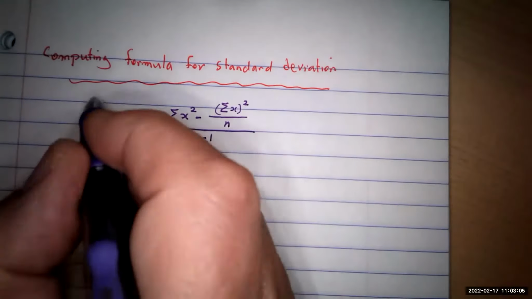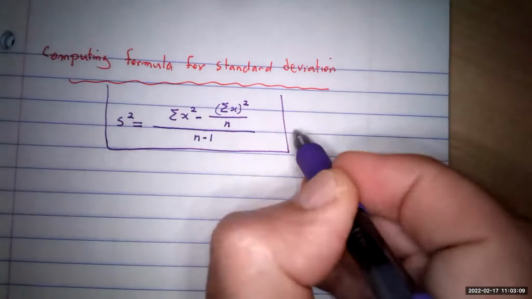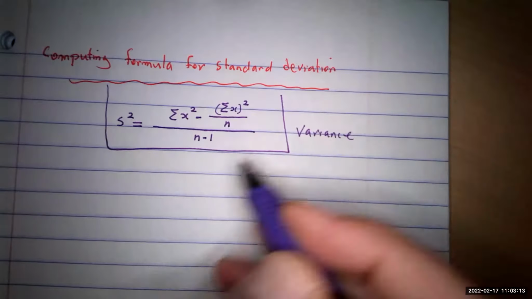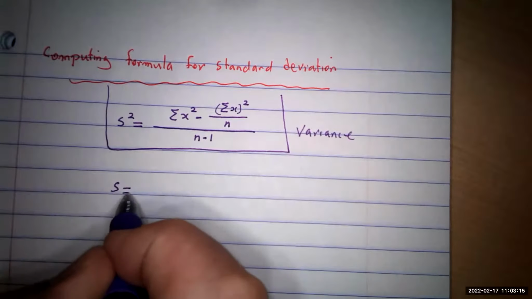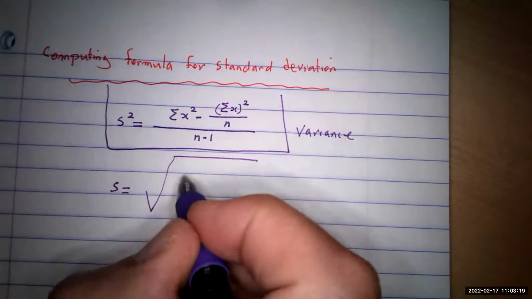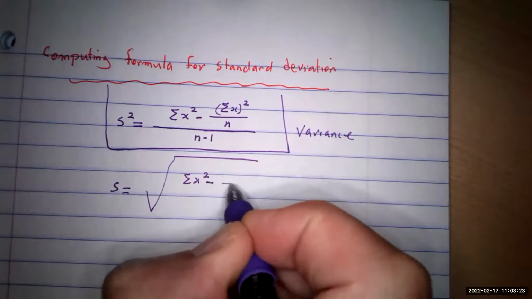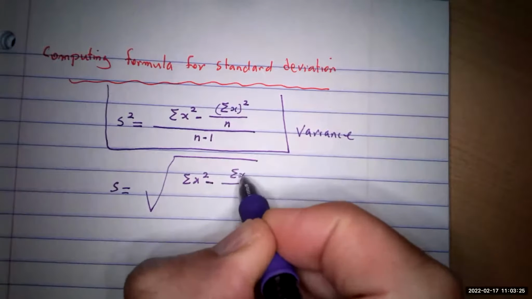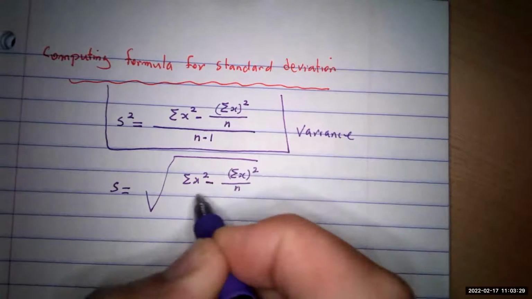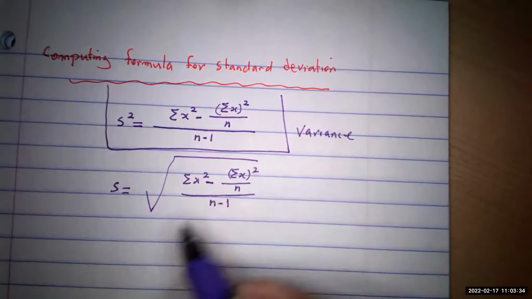So this would be the formula for the variance. And of course, if you take the square root, that would give us the standard deviation, which is going to be the square root of sigma x squared minus sigma x all squared divided by n, and then everything divided by n minus 1.